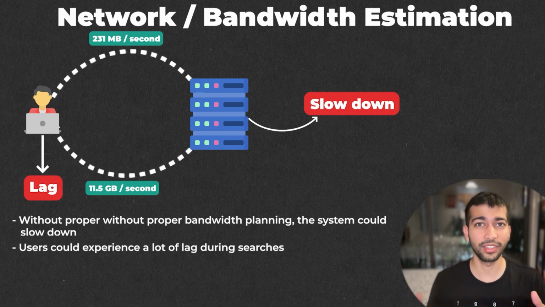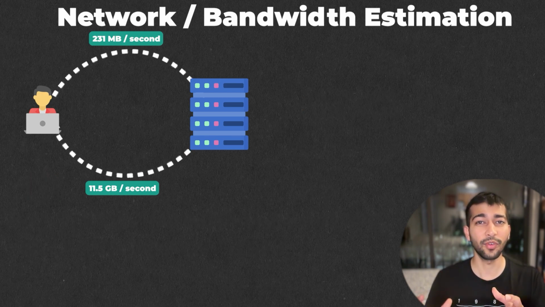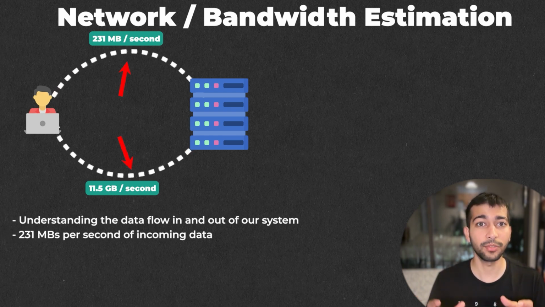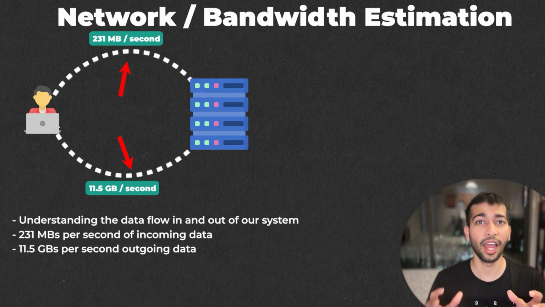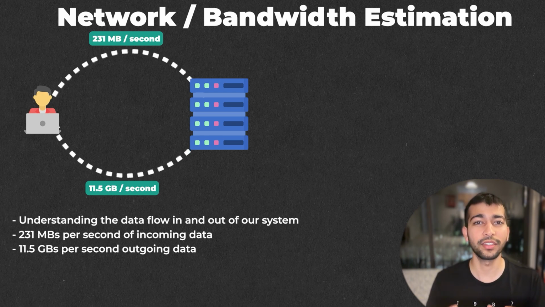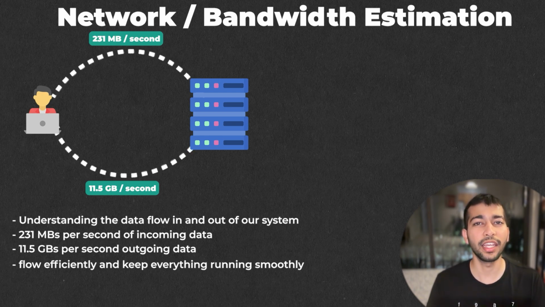And nobody wants that, right? So in summary, network or bandwidth estimation is all about understanding the data flow in and out of our system. With 231 MB per second of incoming data and 11.5 GB per second of outgoing data, your system needs to be equipped to manage this flow efficiently and keep everything running smoothly.